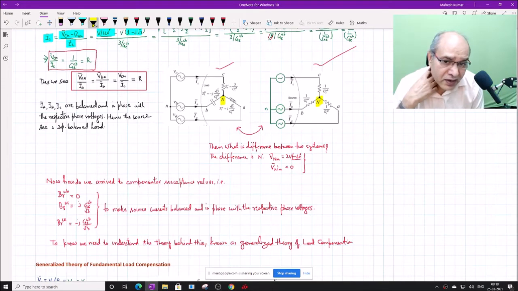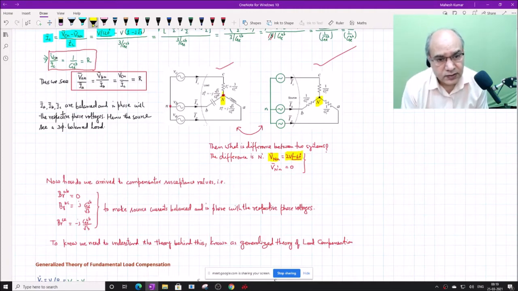How are they behaving? For B and N, the voltage between this and this is 2B angle of minus 60 degree, while for B and N dash, the voltage between this point and this point is 0.